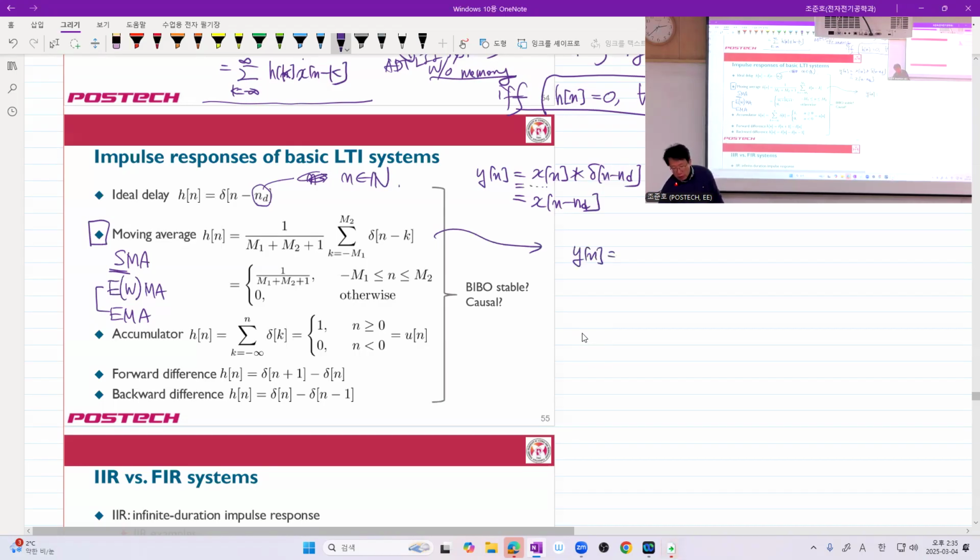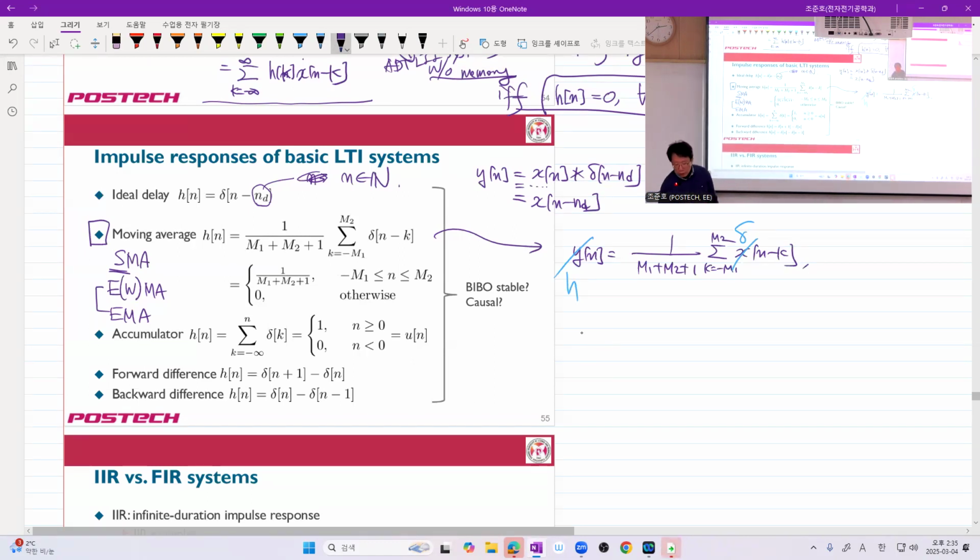As I told you, if we have an input-output relation like this, and if you assume this is LTI, then you just replace this one with h and this one with delta, and you can simply get the impulse response like this, right?